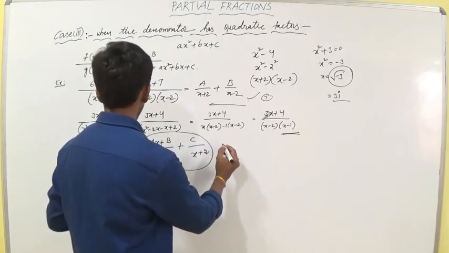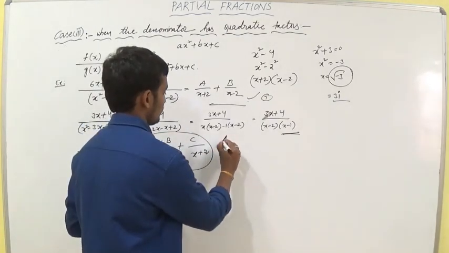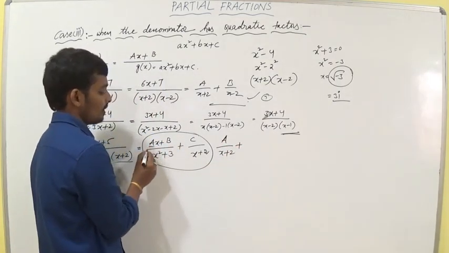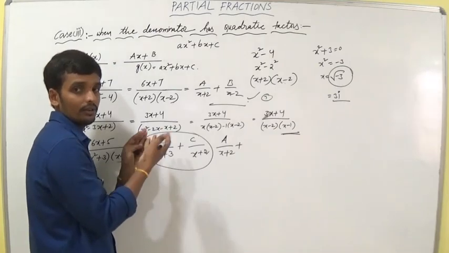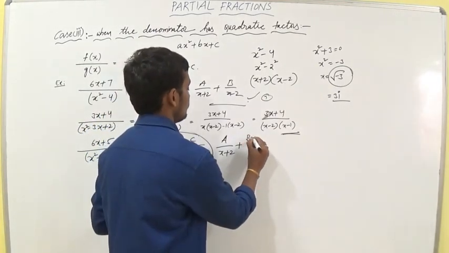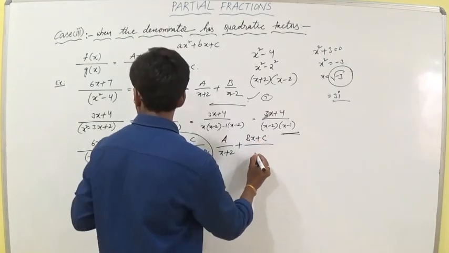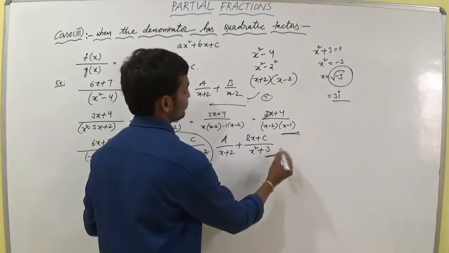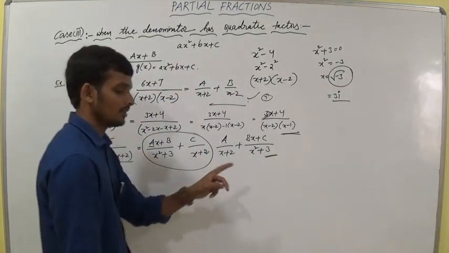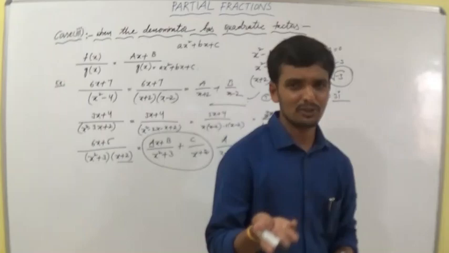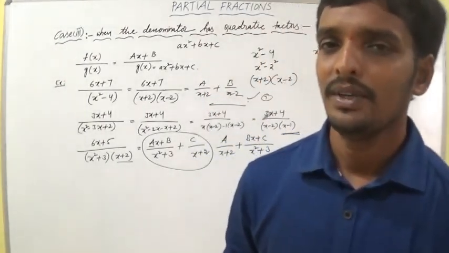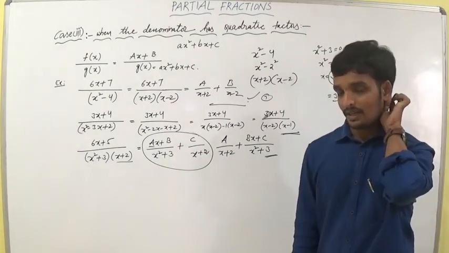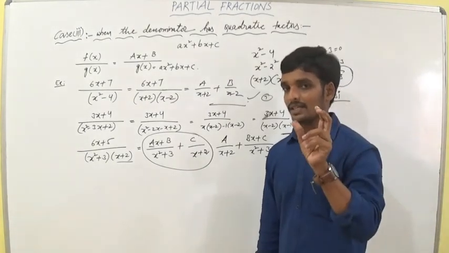Otherwise, we can write the linear factor first, a/(x + 2). Since we have already used a, don't use a again; I am writing (bx + c)/(x² + 3) as the quadratic factor. Either this one or that one is correct. Why is it correct, sir? By the commutative property of addition, a + b is equal to b + a. Are you okay?